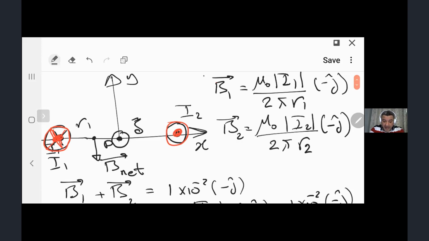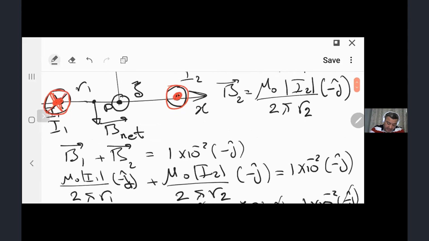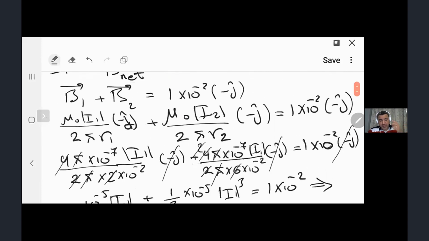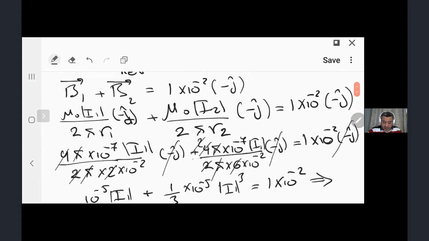So the magnetic fields were adding at this point. So both of them have to be pointing downward. So I knew the direction of the magnetic field from knowing the direction of the net magnetic field. And then I put down all the equations for field number 1 and field number 2. I equate them.